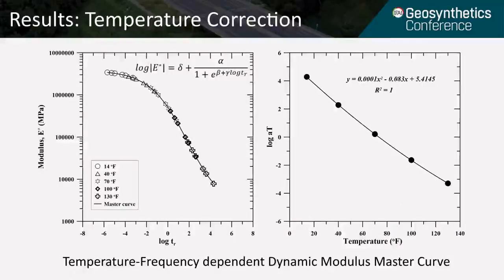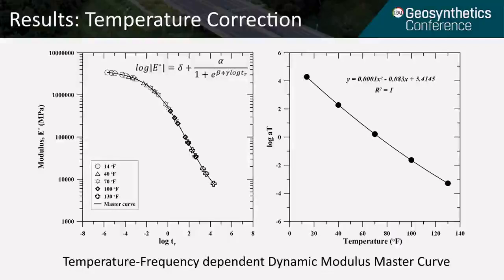Initially, to understand the influence of temperature on the modulus of asphalt layer, we performed dynamic modulus test on core samples at different temperatures and load frequencies. And we eventually developed a dynamic modulus master curve for the mix, as shown in the figure, which can basically predict the modulus for different temperature and frequency ranges.